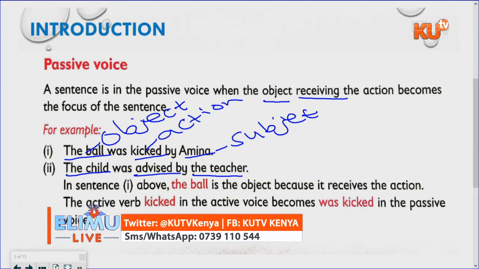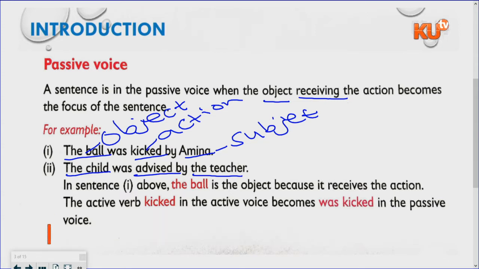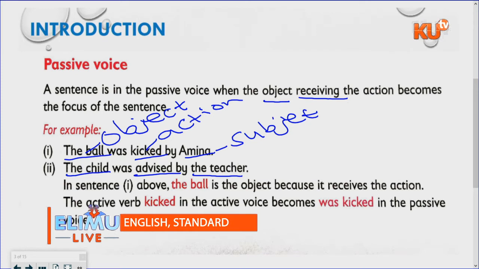Then the teacher there is the subject. It is no longer the focus of the sentence because we have changed it into passive voice. So the active verb kicked in the active voice becomes was kicked in the passive voice. In sentence 1, the ball is the object because it received the action.